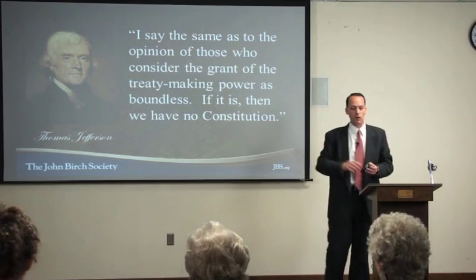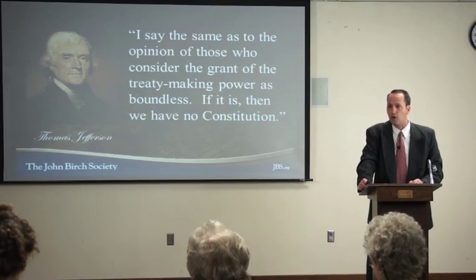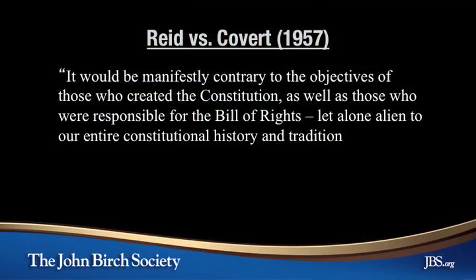Now the next place I want to go to is a Supreme Court ruling in 1957 known as Reid versus Covert. And in this one, here's a portion of it. It says, it would be manifestly contrary to, and then it lists three different things. It would be manifestly contrary to the objectives of those who created the Constitution, as well as those who were responsible for the Bill of Rights, and then lastly, let alone alien to our entire constitutional history and tradition.